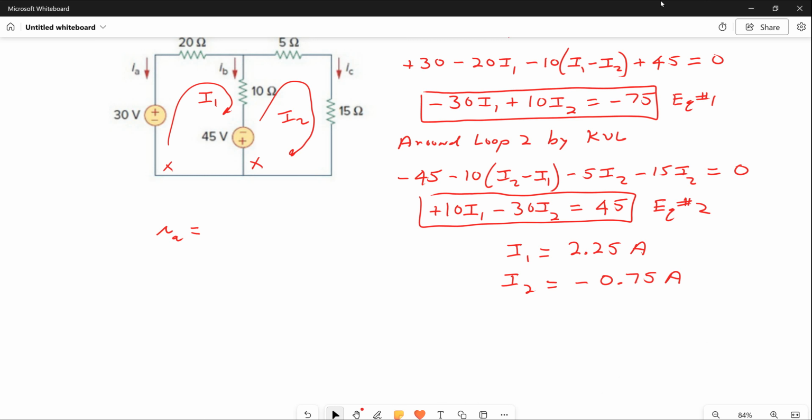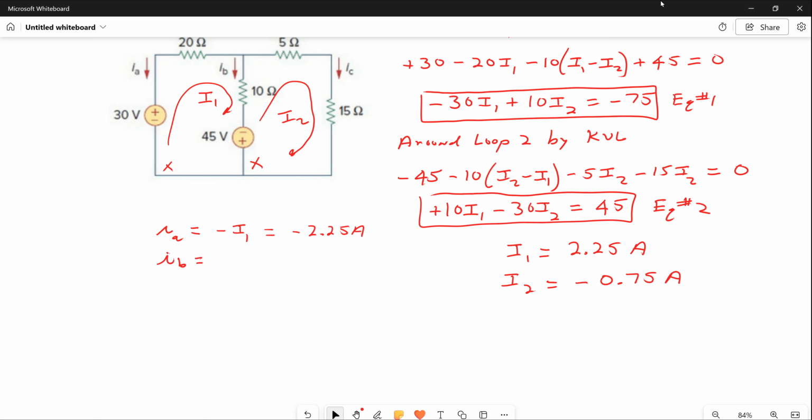Do you see that it's simply equal to a negative I1? It goes in the opposite direction of I1. So if it's equal to a negative I1, you end up with negative 2.25 amps.